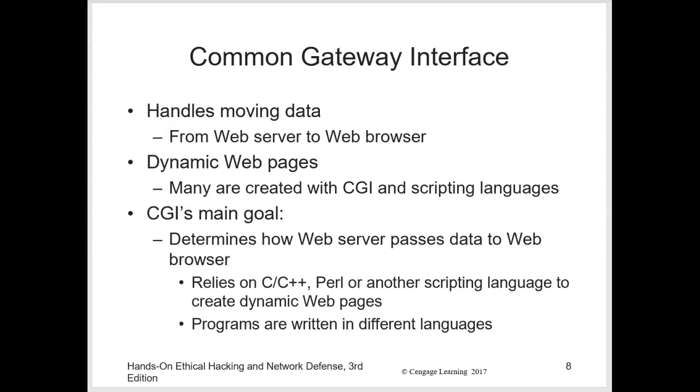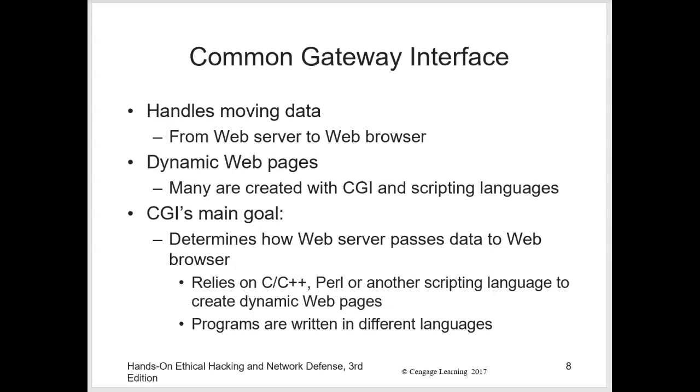Now, a Common Gateway Interface, or CGI. I mentioned this a few slides back. So this is another standard that handles the moving of data from the web server to the web browser. That's called a CGI, right? Common Gateway Interface. And this enables these dynamic HTML web applications, right? So what I mean is that this handles the moving of data from the web server to the web browser, right?